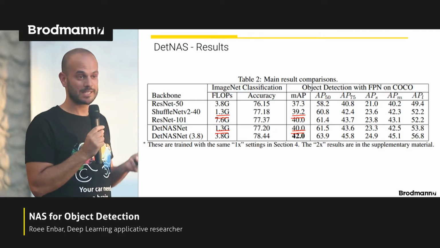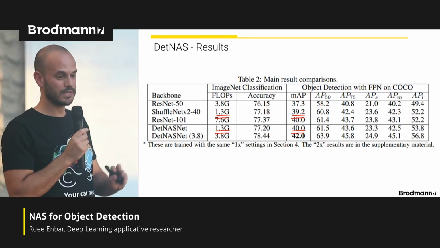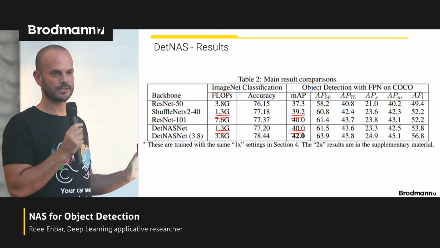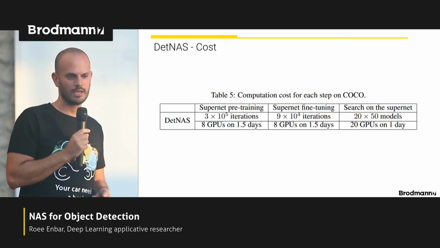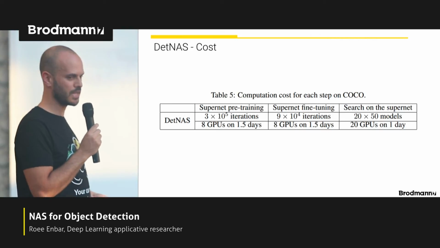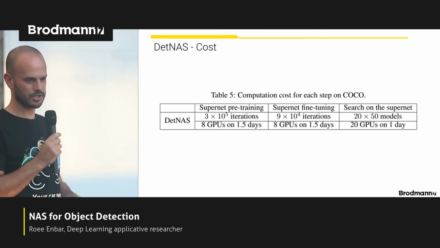In my experience, that's pretty much the standard deviation. I don't know. But it's super interesting. They're the first ones that I saw that tackled the backbone model search in object detection. So that's something to keep an eye on. And also, in terms of cost, it's way lower than the NAS FPN, even though it's still a lot higher than image classification.